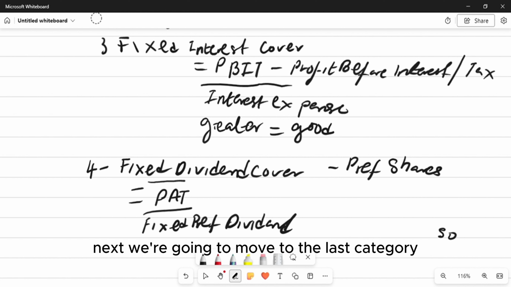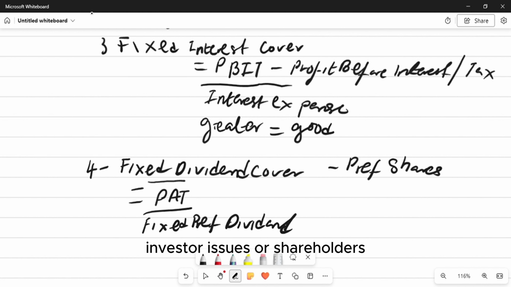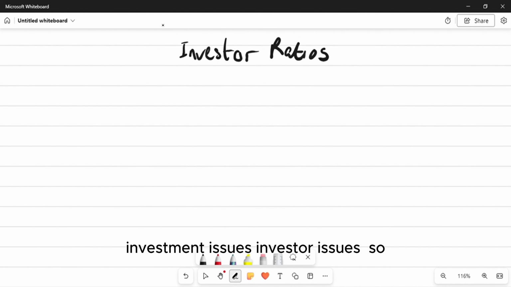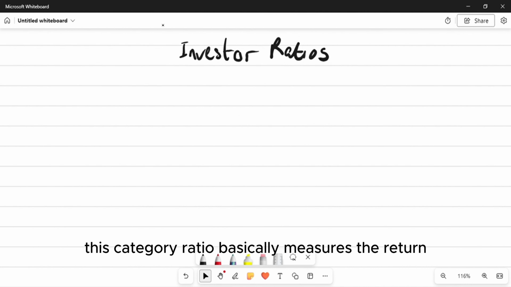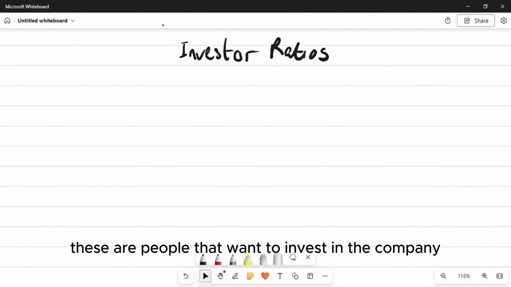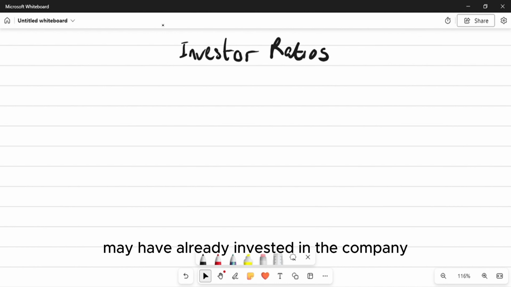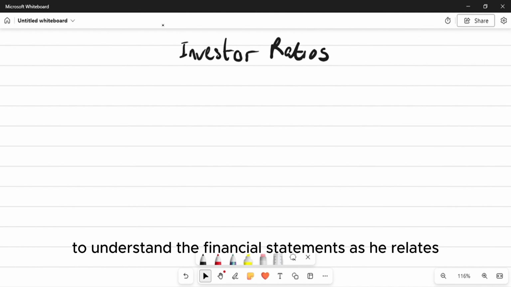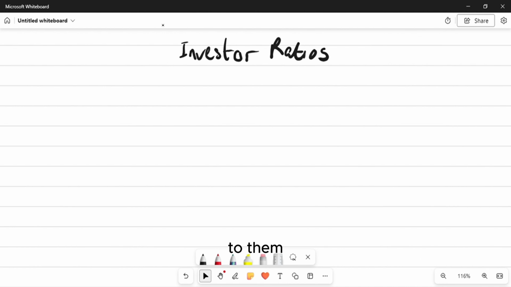Next, we're going to move to the last category, investor ratios or shareholders' investment ratios. This category of ratios basically measures the return to shareholders. It is mostly used by investors and shareholders, people that want to invest in the company, or people that may have already invested in the company, to understand the financial statements as they relate to them.